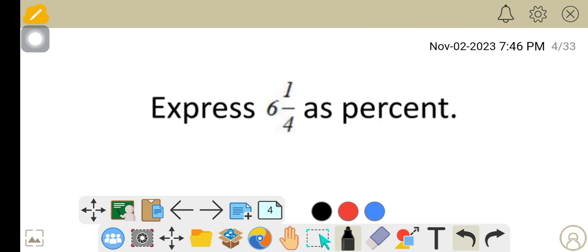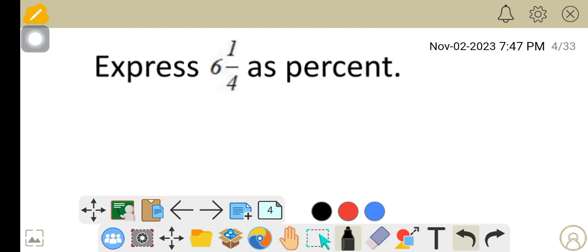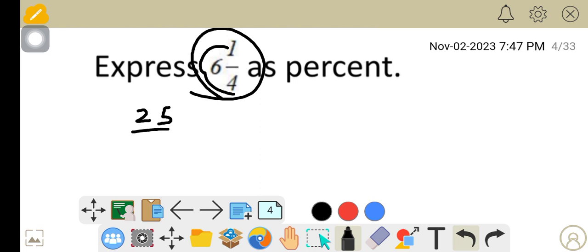Next, express 6 1 by 4 as a percent. First of all, we need to convert 6 1 by 4 into a normal fraction. So it will be 4 sixes are 24, plus 1, 25 by 4.